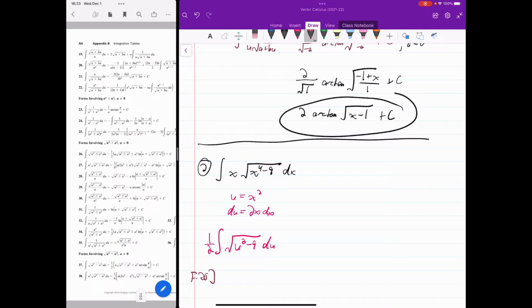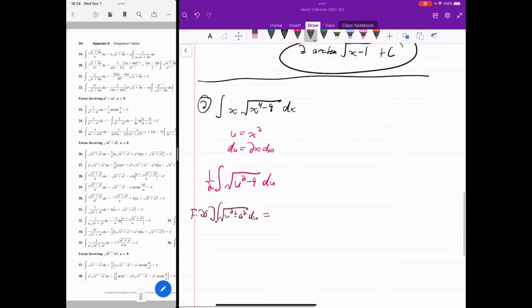26, or formula 26, is the integral of radical u squared plus or minus a squared du, and that is equal to 1/2 u radical u squared plus or minus a squared, then plus or minus a squared natural log of absolute value of u plus radical u squared plus or minus a squared, close absolute value, plus c.